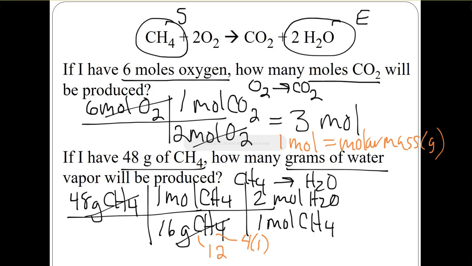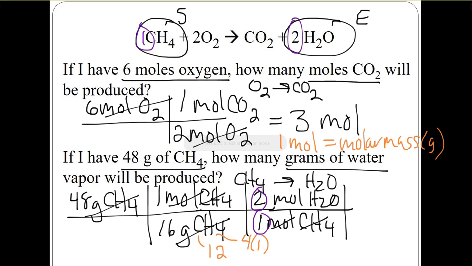So you see that I have a 2 here, and that comes from this 2 in front of the water. And I have a 1 here, and that comes from the 1 that's in front of the methane that's assumed. All right, so my moles cancel, but so does my methane. So now I am left with moles of water.